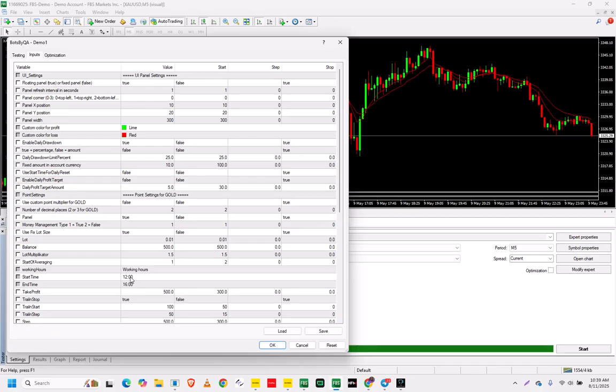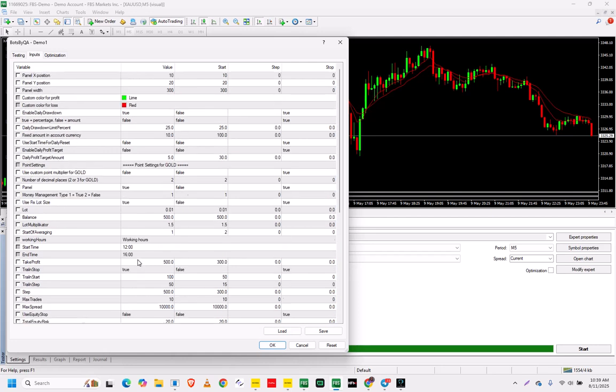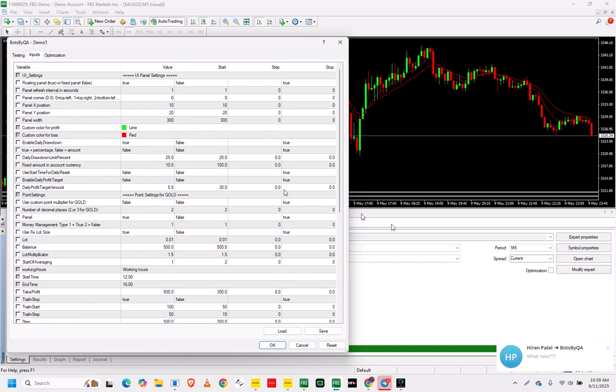So what I did was a very simple thing, and I want everybody to do it. I turned on a daily drawdown, and the daily drawdown was that on a $100 account, I make the drawdown 10. I just want it to be $10.